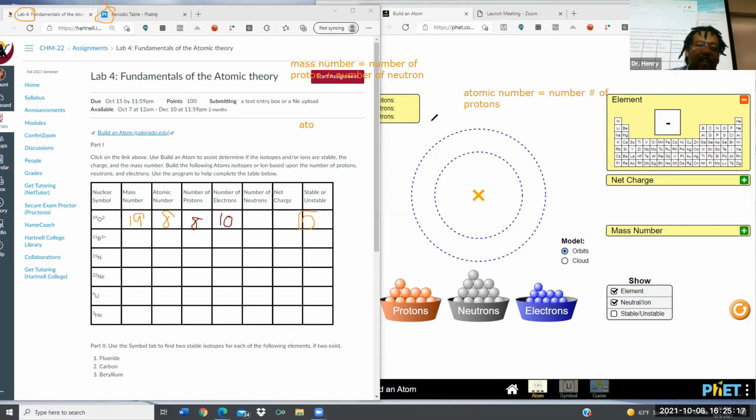Okay, so now we need to calculate the number of neutrons. How would I calculate the number of neutrons? Let me give you a hint. We already talked about it.